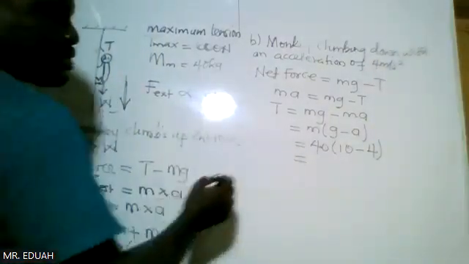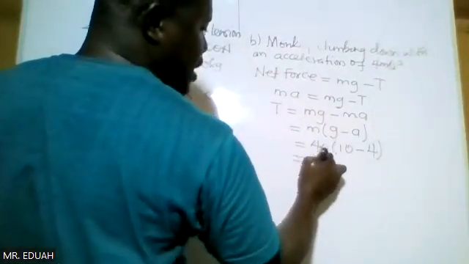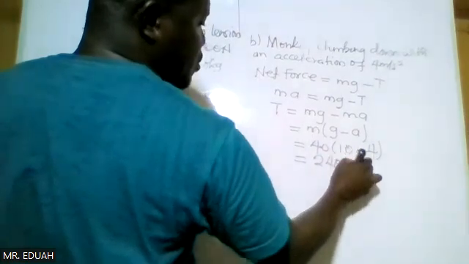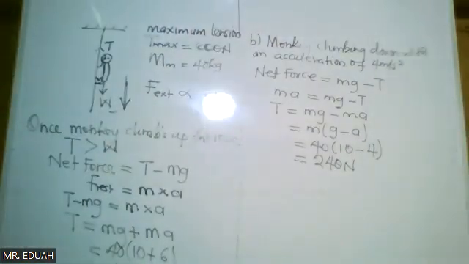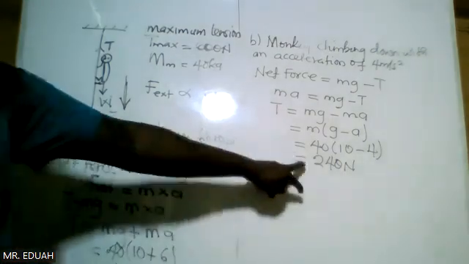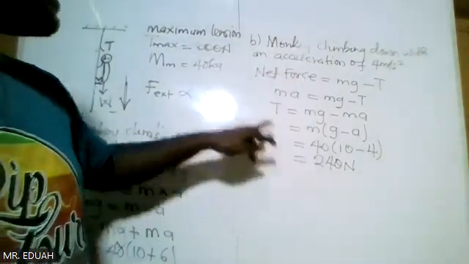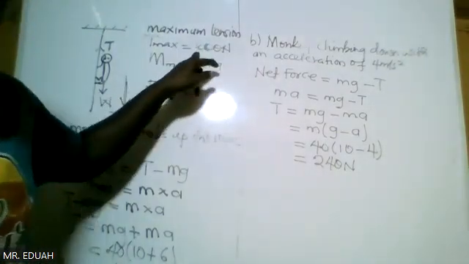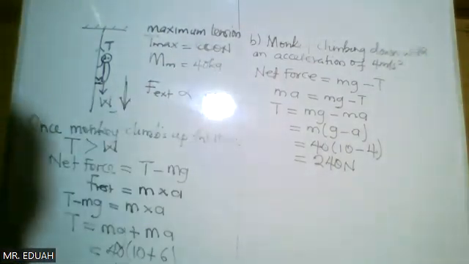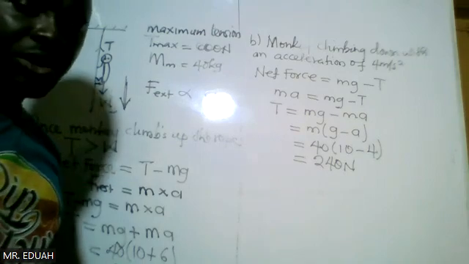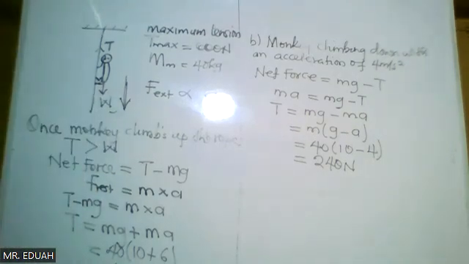So the tension in the string would be equal to 240 Newton. And when you compare, the tension when the monkey accelerates down is less than the maximum tension within the string. And so the rope will not break.